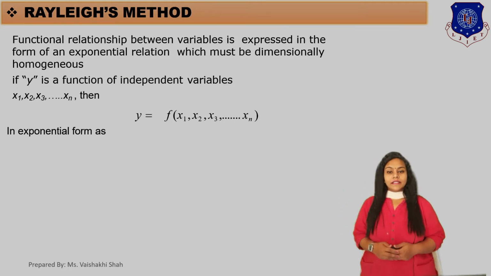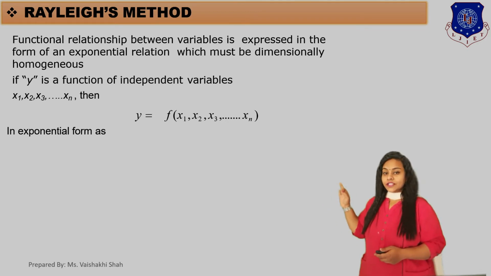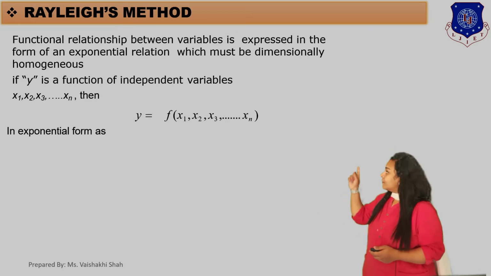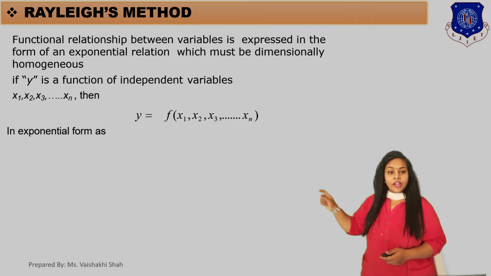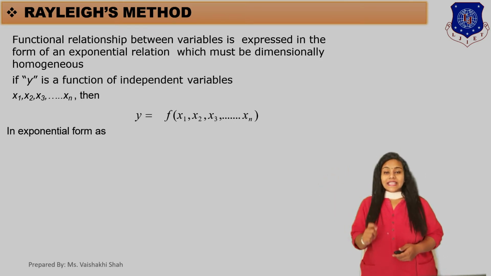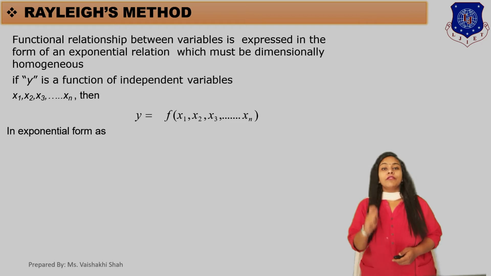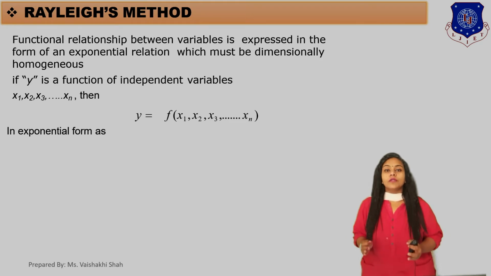In Rayleigh method, clearly, a functional relationship between variables is expressed in the form of exponential relation which must be dimensionally homogeneous.